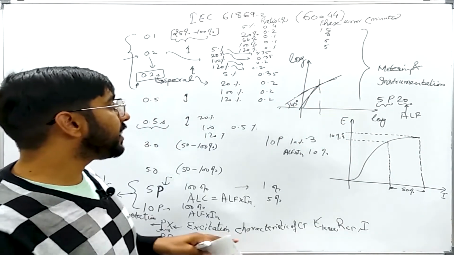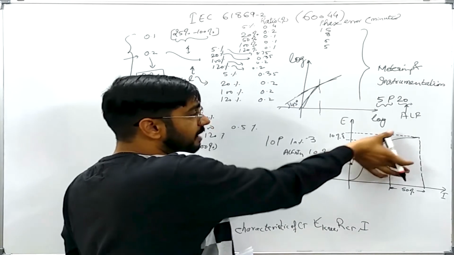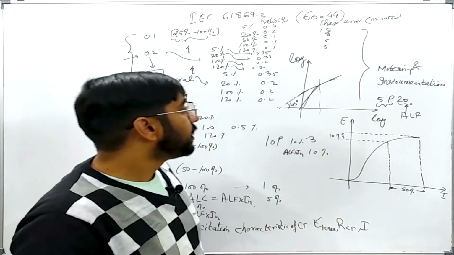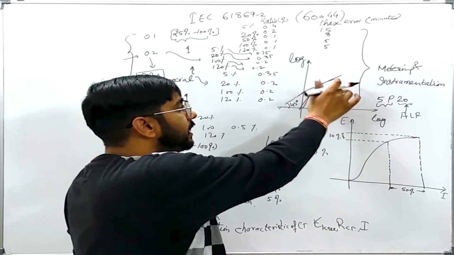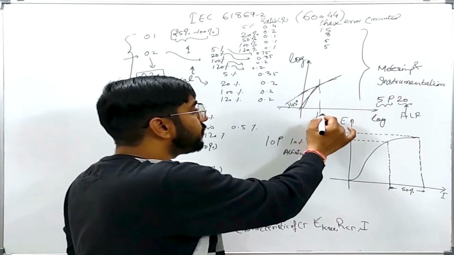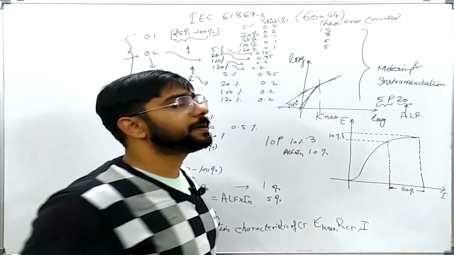Okay, so wherever the curve when plotted on the log graph has a gradient of 45 degree, that point is known as knee voltage according to IEEE.